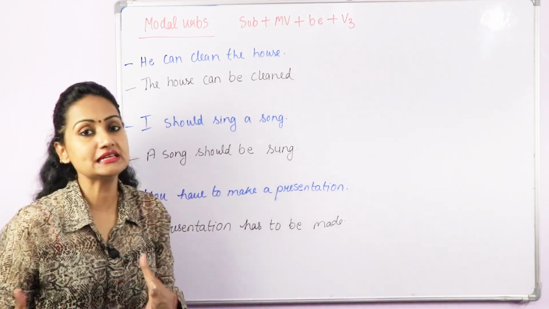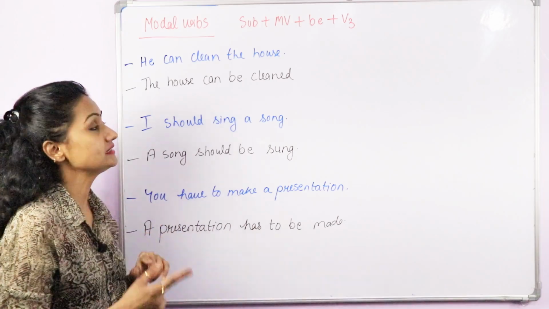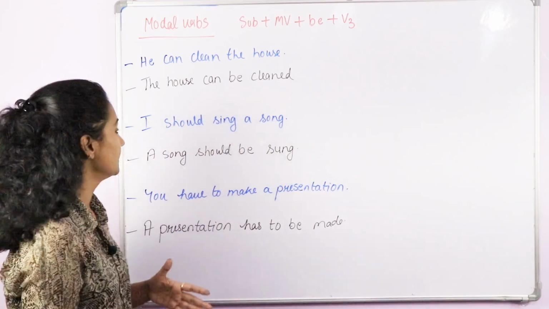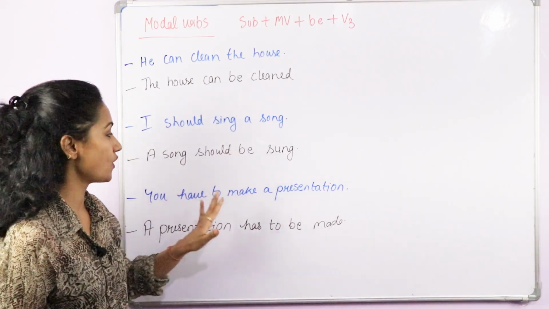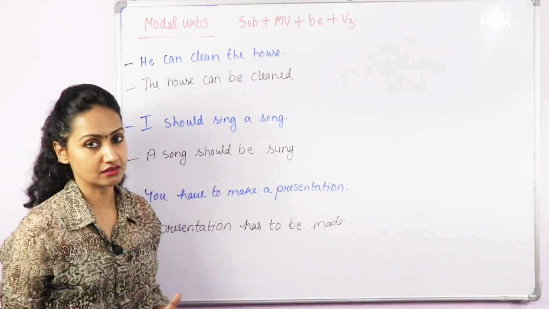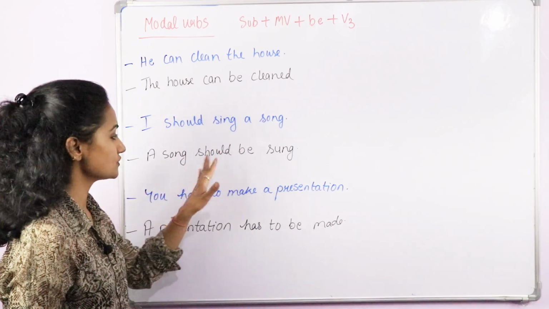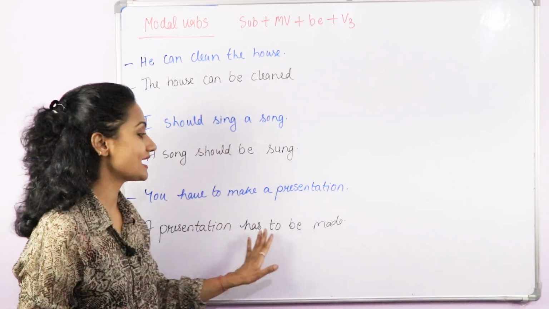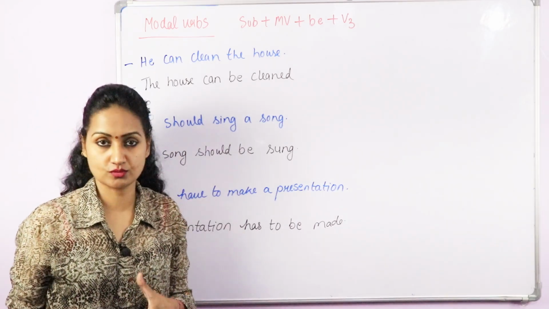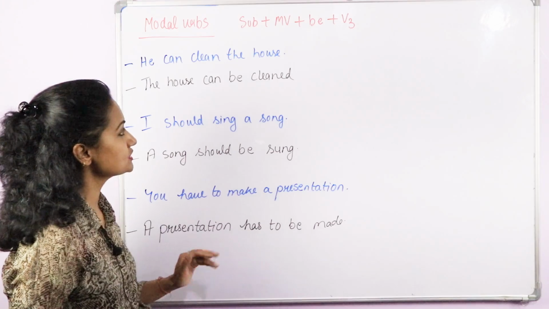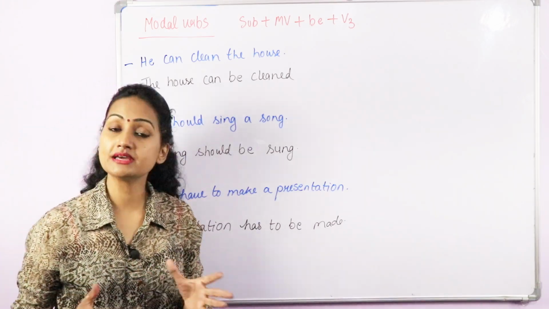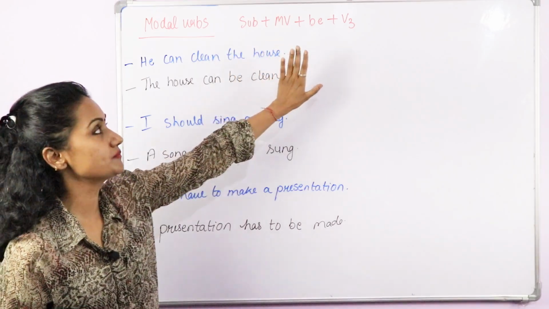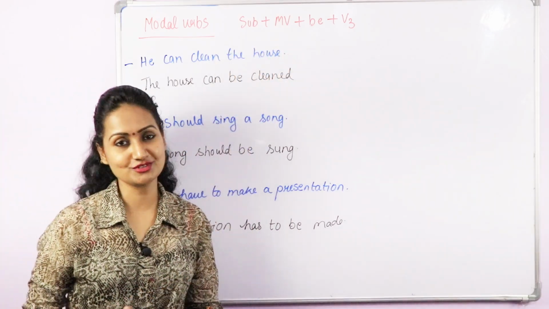The house can be cleaned. This work can be done. I should sing a song: a song should be sung by me. You have to make a presentation: a presentation has to be made by tomorrow. Okay, so this way you can make a passive sentence using a modal verb. The rule is subject plus modal verb plus be plus third form of the verb.